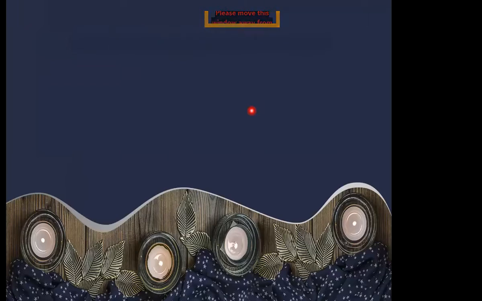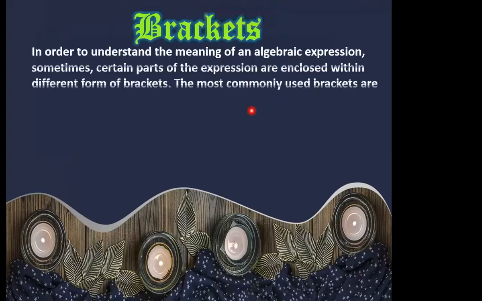Now let's start. You all know what brackets are and how to remove them. In order to understand the meaning of a single algebraic expression, sometimes certain parts of the expression are enclosed within different forms of brackets.